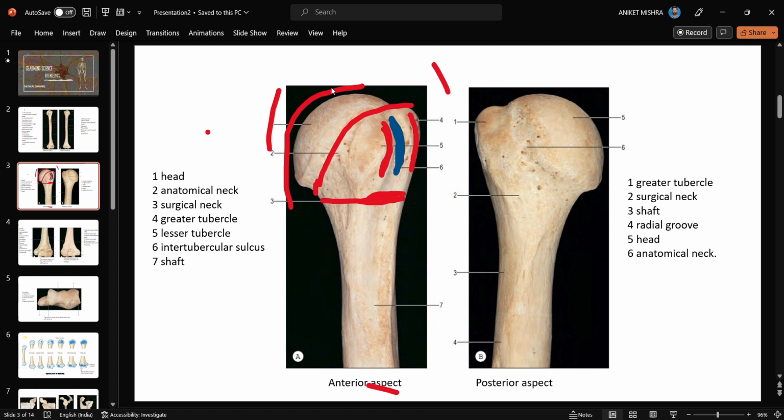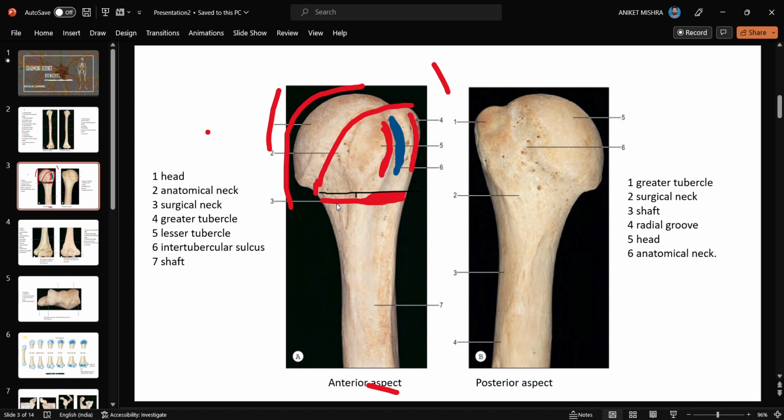And when we talk about the structure, morphologically, if we see the bone, then above the surgical neck by 0.5 centimeter, approximately at this level, the epiphyseal line will be there.